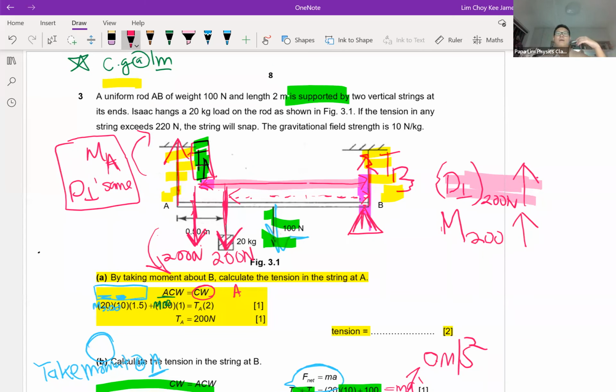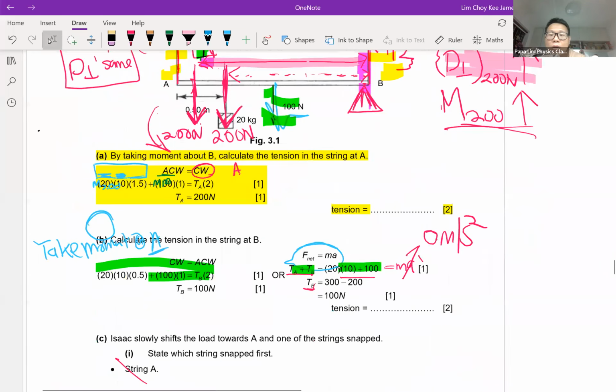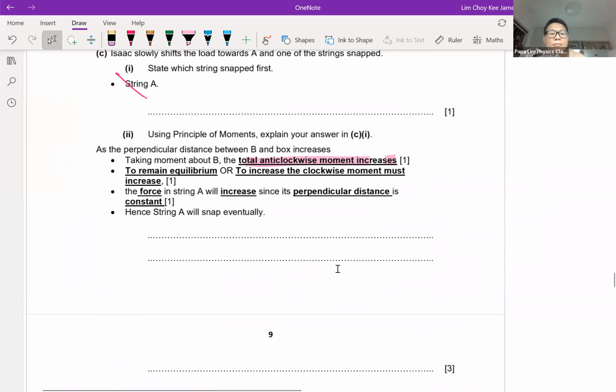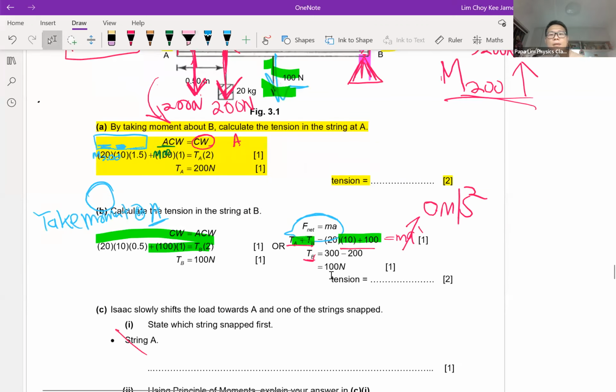Because the perpendicular distance increases, the anti-clockwise moment increases, so the clockwise moment must also increase. Why? To remain in equilibrium, because the rod has to be balanced.